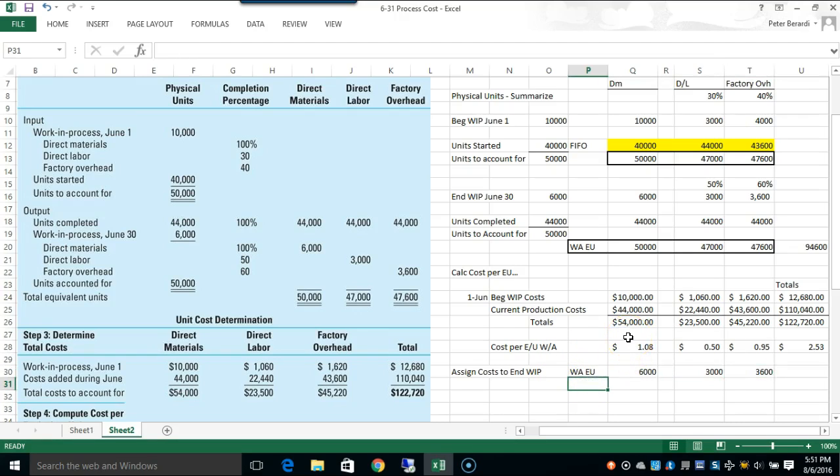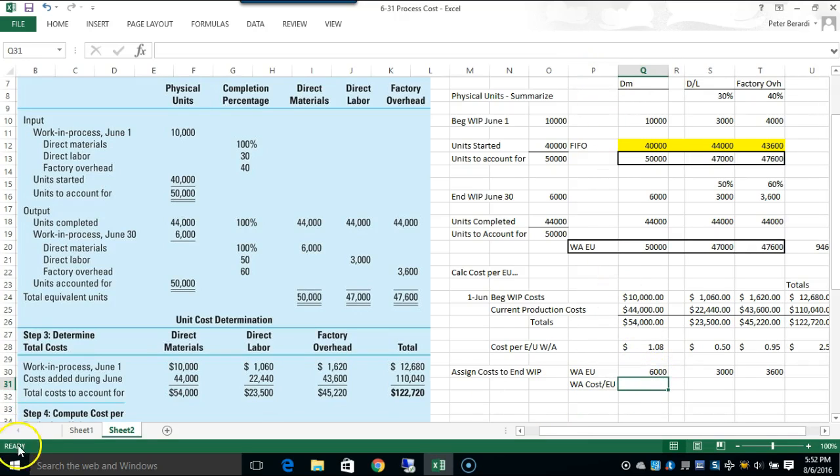And our total cost, then our weighted average cost per equivalent unit is what we computed right here, $8.